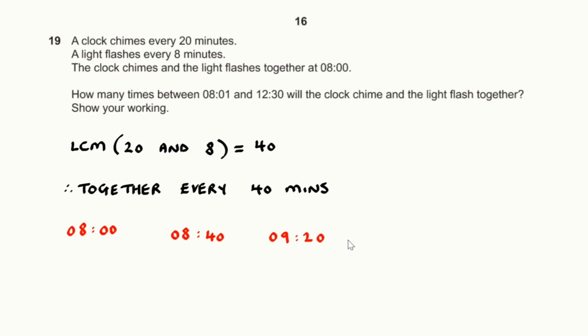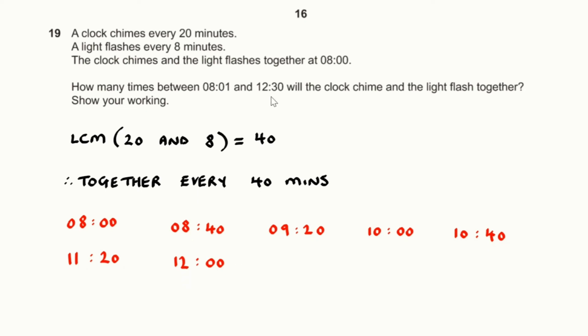Add on another 40 minutes, there's 10 o'clock. Another 40 minutes, get 10:40. Another 40 minutes, we get 11:20. Another 40 minutes, we get 12 o'clock. And after that we'll get 12:40, which is beyond the 12:30.